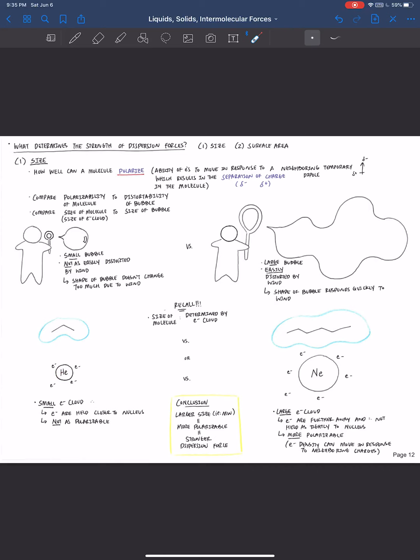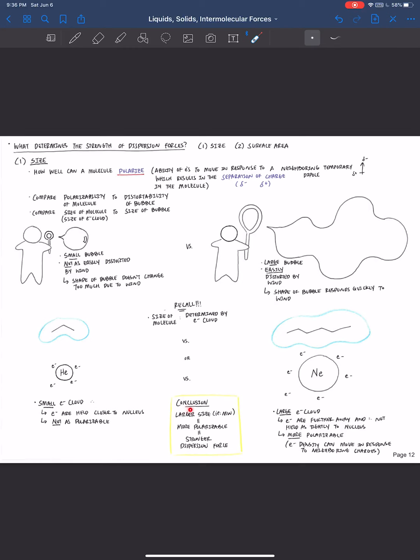They're not as easily influenced by neighbors. Whereas if you look at something that has a larger electron cloud, the electrons are farther away from the nucleus and therefore not held as tightly to that positive core. That means the electrons in this big bubble are more polarizable, and the electron density can move in response to neighboring charges.